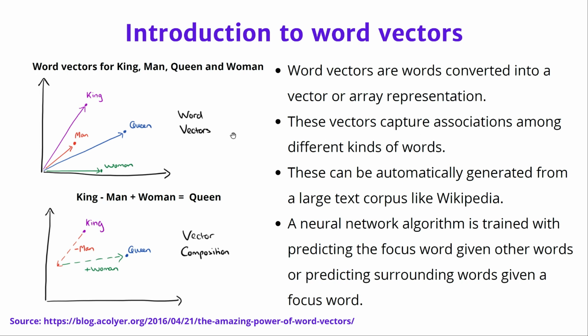That means at the end of the day, if you have the vector of king, the vector of man and the vector of woman, just like how you can do real world comparisons, if you add the king vector with the woman vector and subtract man, you'll get another vector which is close to queen's vector.